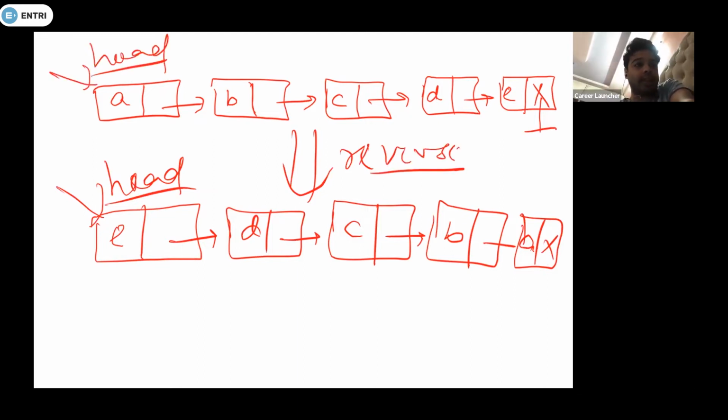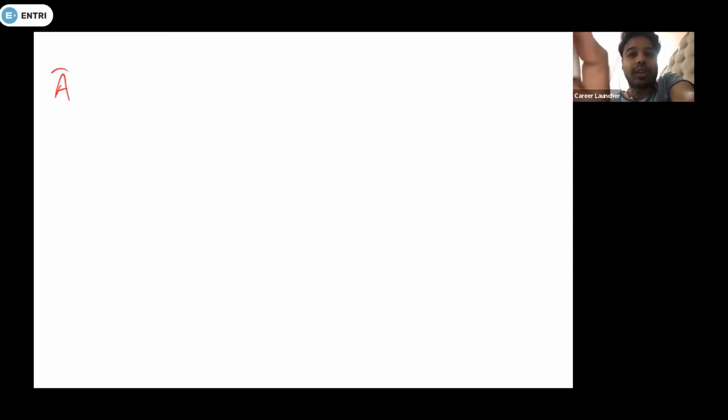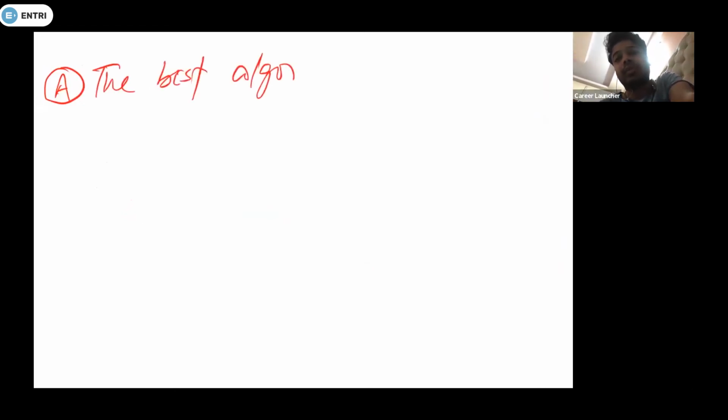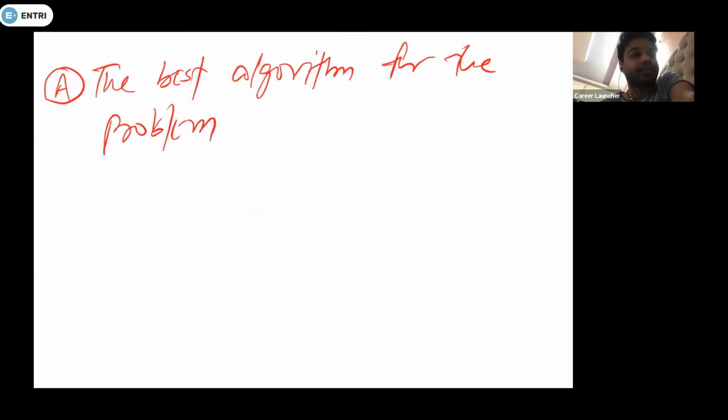Okay. So here, which one of the following statements is true about the time complexity of an algorithm that solves the above problem in constant space? Okay. So the options are there. Option A: the best algorithm for the problem takes theta of n time in the worst case.